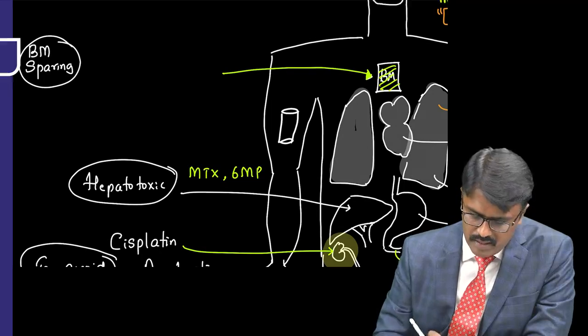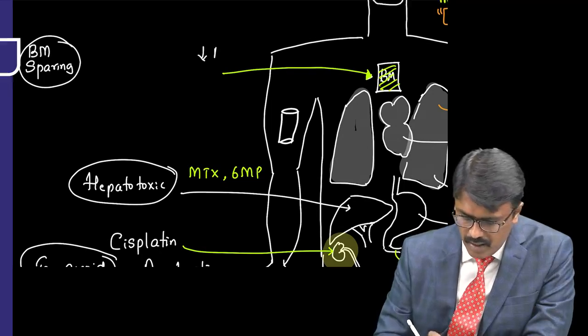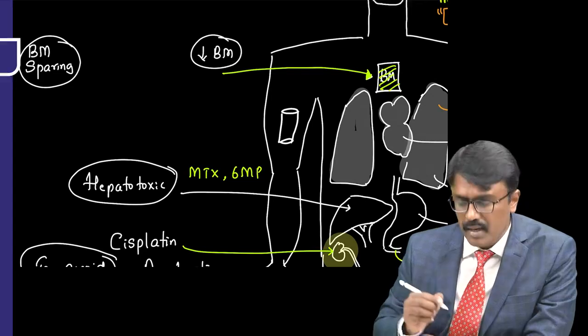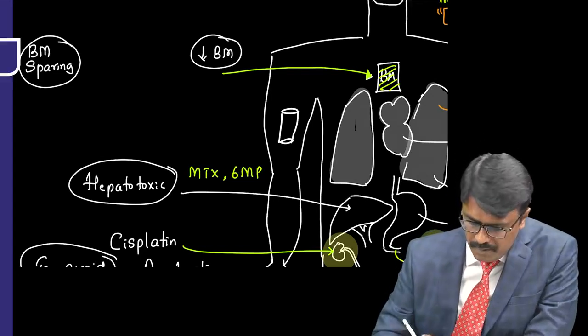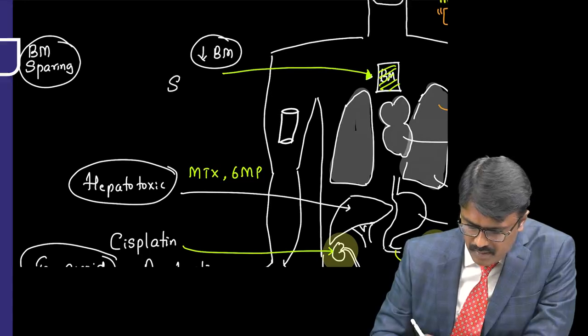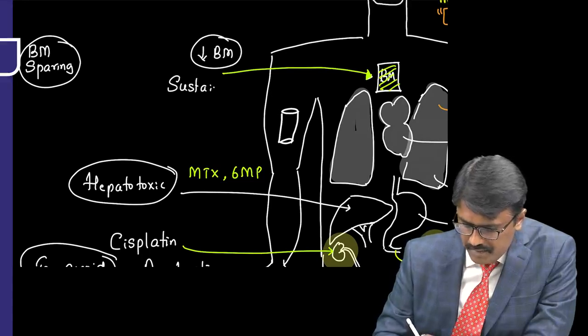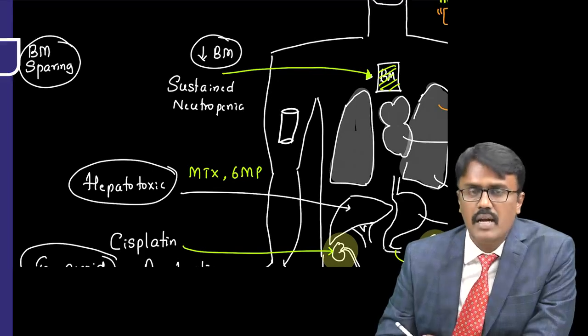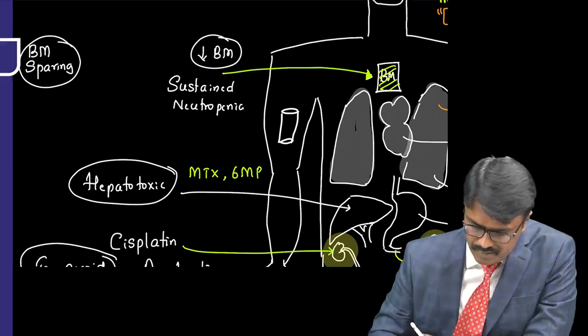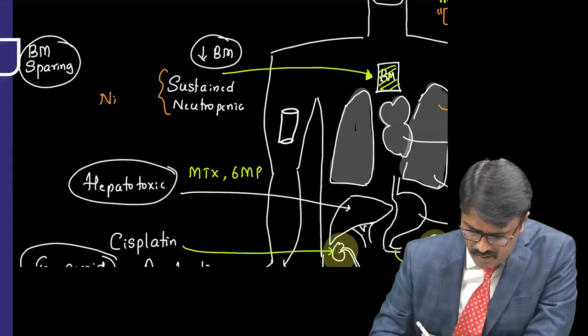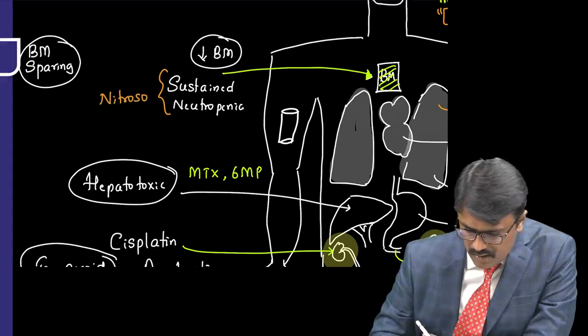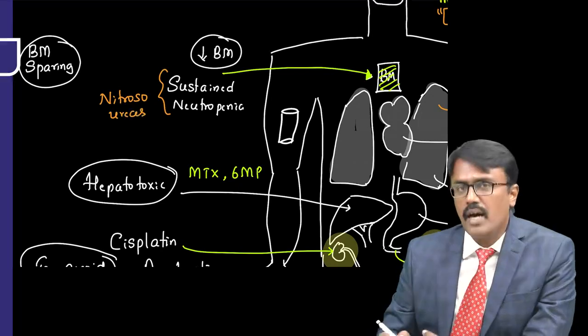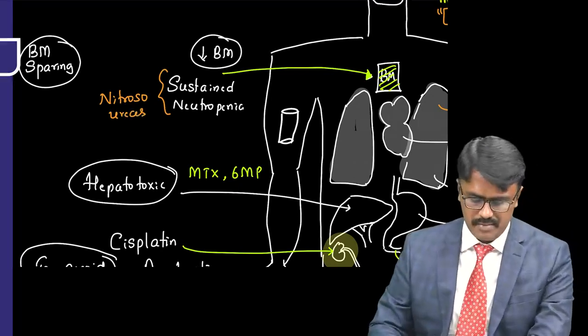Most anti-cancer drugs suppress the bone marrow, but there are bone marrow sparing drugs. Now there is a group of drugs which can produce sustained neutropenia, where the neutrophil count comes down, and these are called nitrosoureas. They end with mustine, like carmustine, lomustine.